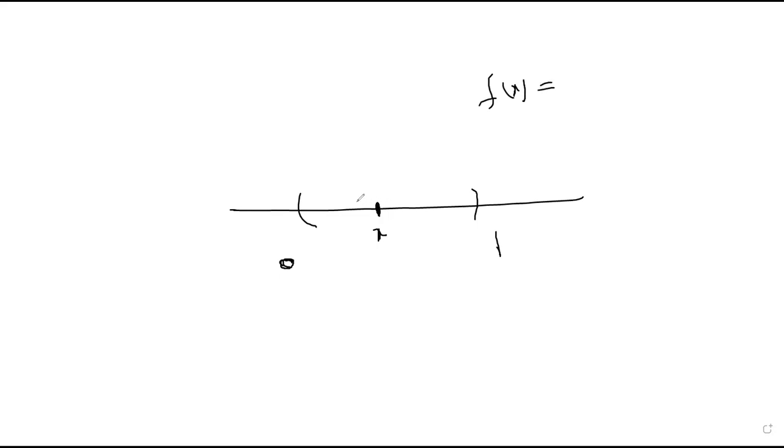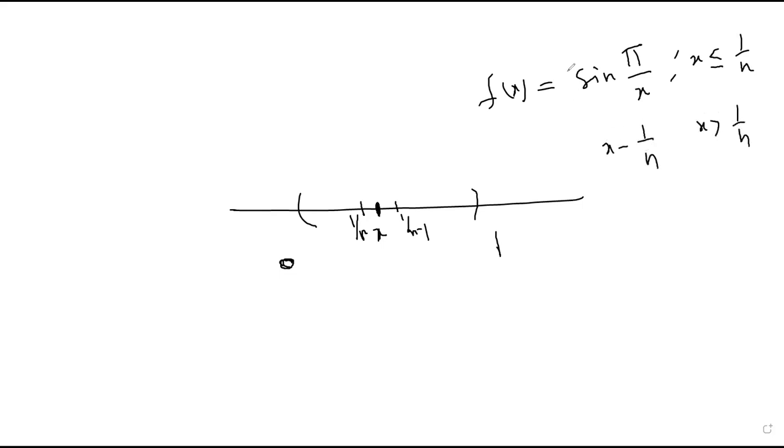If you take an x, then you have some 1/n here, and then some 1/(n-1) here, and so on. So you define the function f(x) equal to sine(pi/x) when x is less than or equal to 1/n, and for x greater than 1/n, you define something like x minus 1/n.